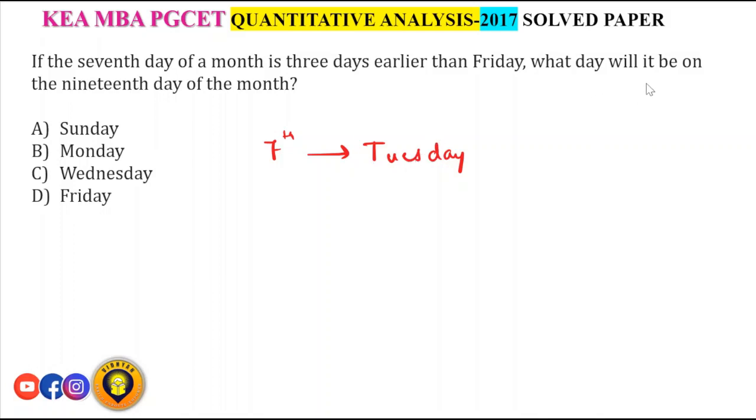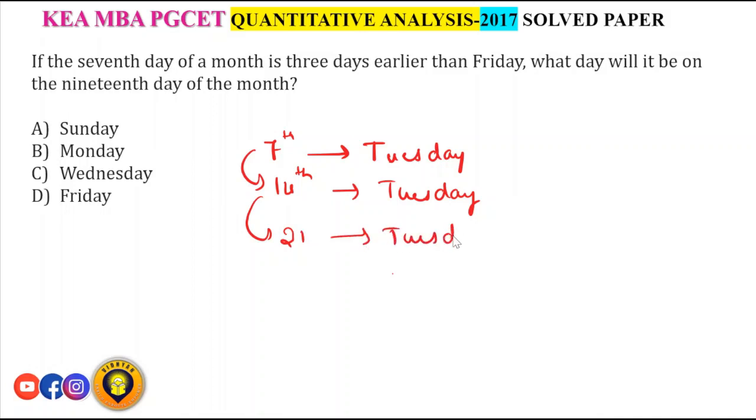Now, what day will it be on 19th day of the month? See, if 7th is Tuesday, then 14th, that means after 7 days, again you will get Tuesday. After 14, again after 7 days, that means 21st day is also Tuesday.